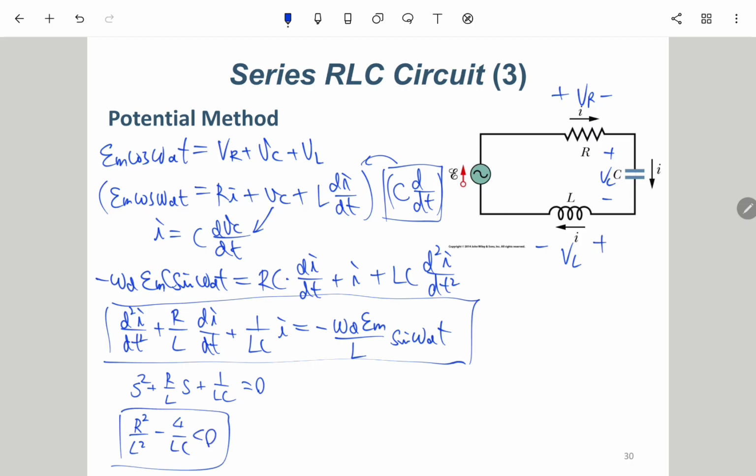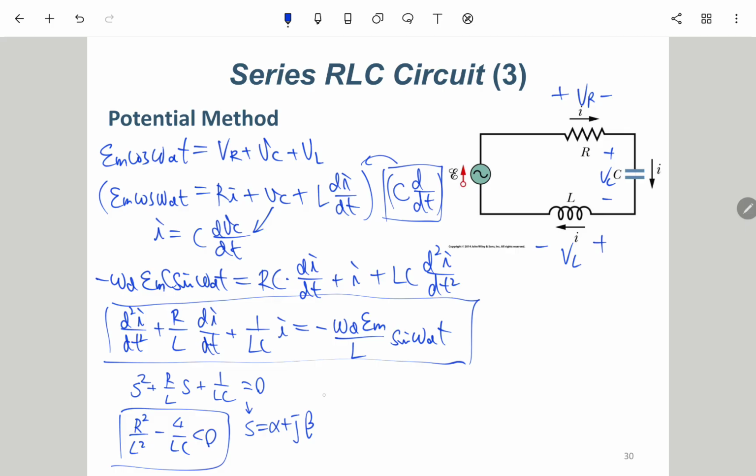So this is the condition for oscillation. So R should be small, and then you will be able to calculate s to be a complex number. I don't go through the whole procedure. It turns out s will be alpha plus j beta.